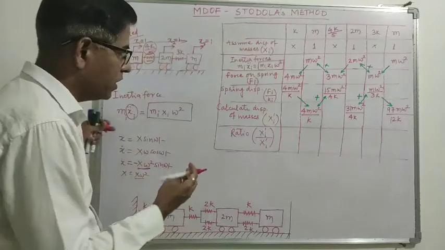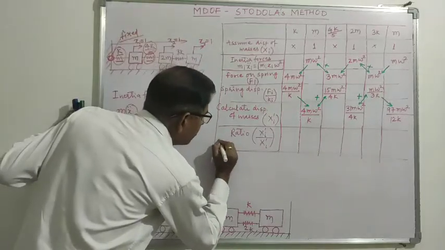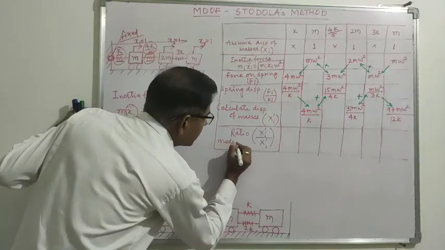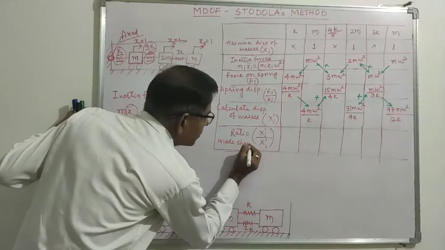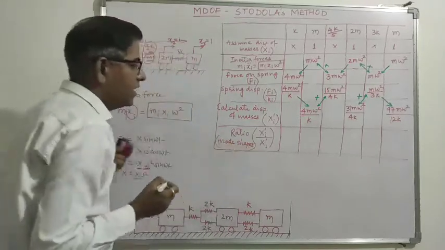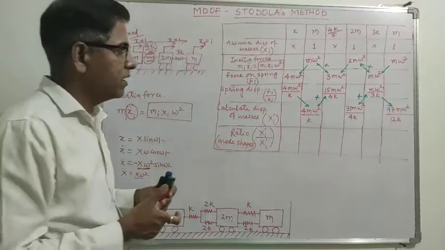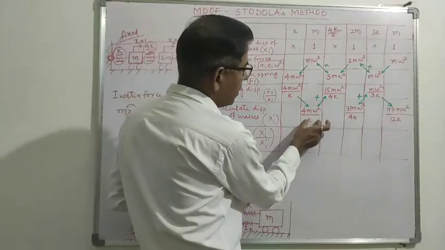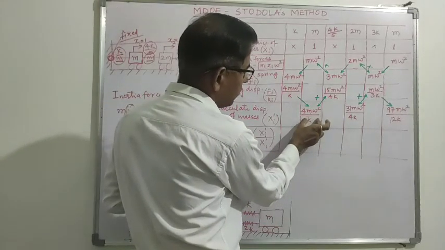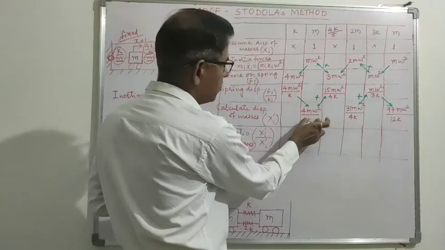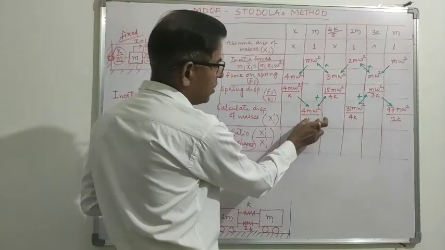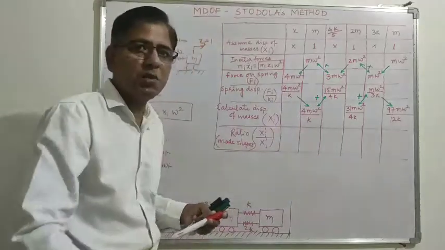Okay, so these are the ratios, meaning these are the mode shapes, and these mode shapes can be found by dividing the displacement of each mass by the displacement of the first mass.